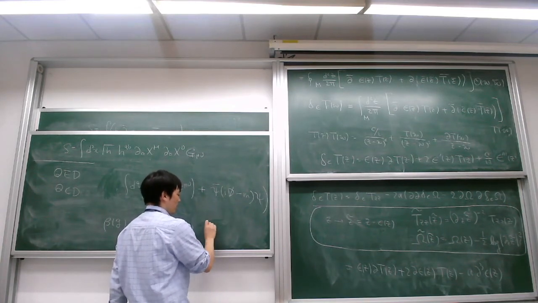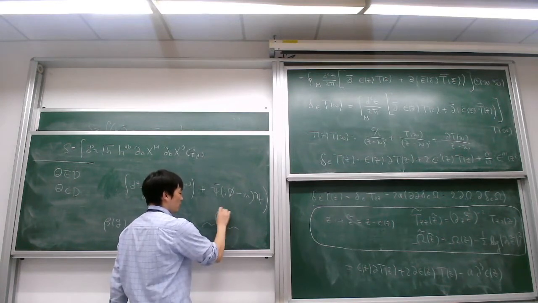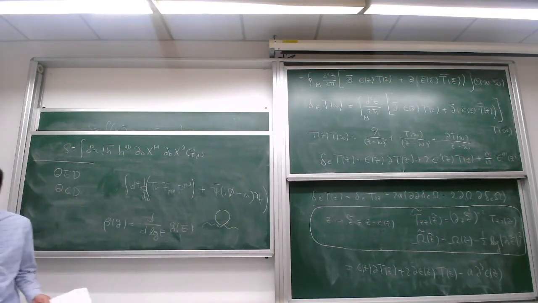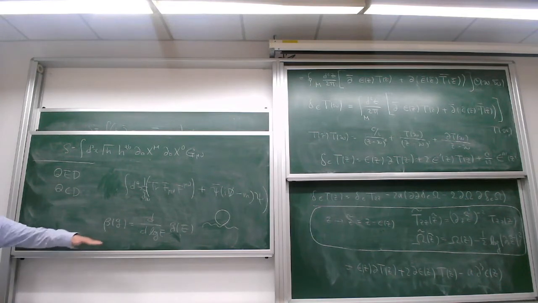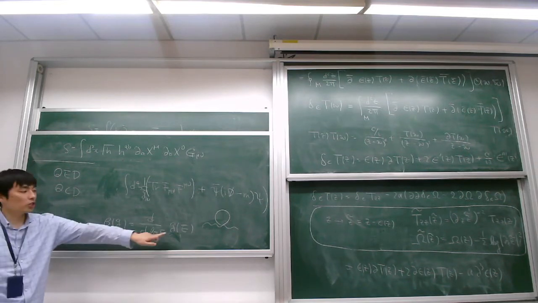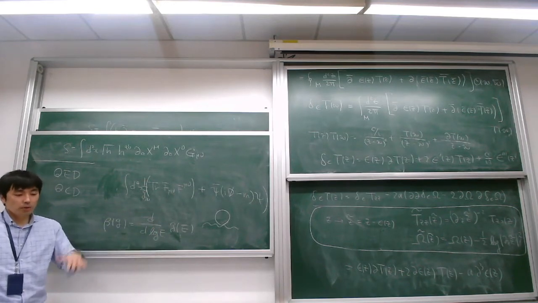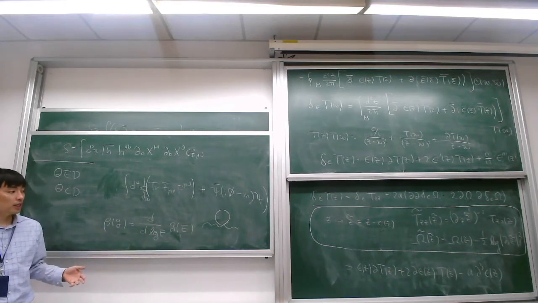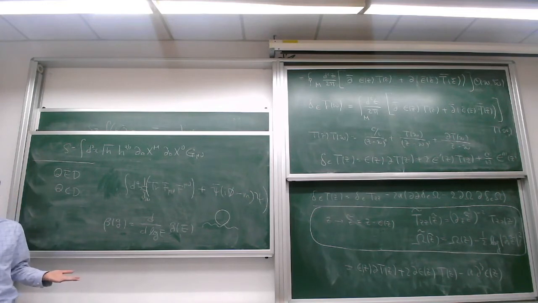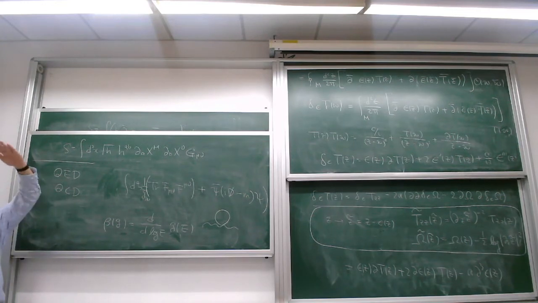Anyway, let's do the QED case. If you consider the loop amplitude, one can consider the loop quantum correction, and you will see the coupling constant depends on the scale of energy.